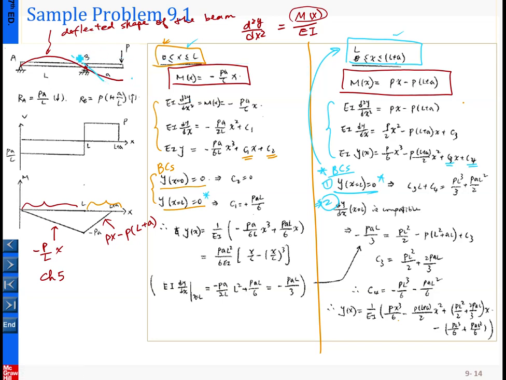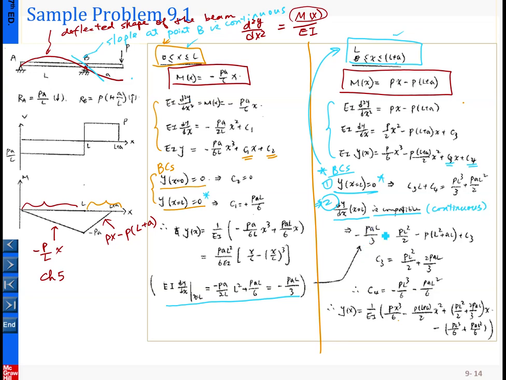The slope at point B is continuous. So from the left segment, we are able to determine the slope information. And for the beam to be continuous, the slope at the same location at B is compatible. That means it's continuous.